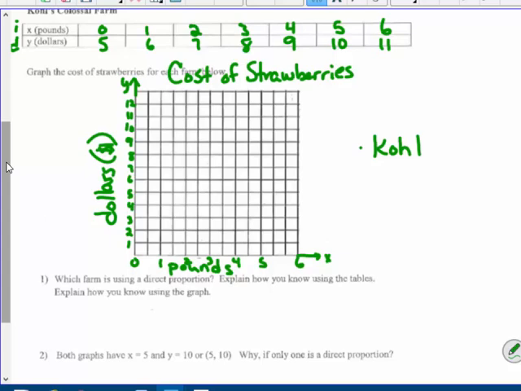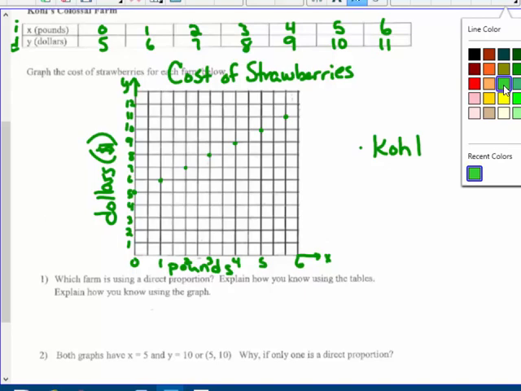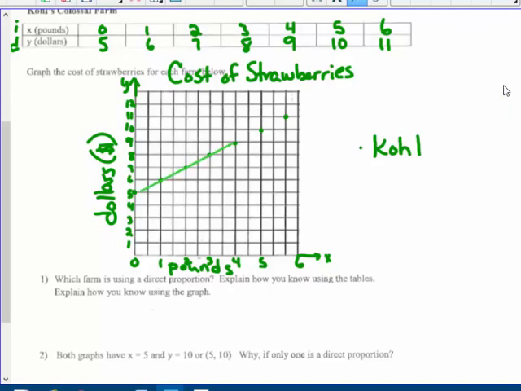So Mr. Cole starts at 0, 5, 1, 6, 2, 7, 3, 8, 4, 9, 5, 10, and 6, 11. So that's Mr. Cole. And yes, I'm going to use a straight edge and connect these points. So here's Mr. Cole.